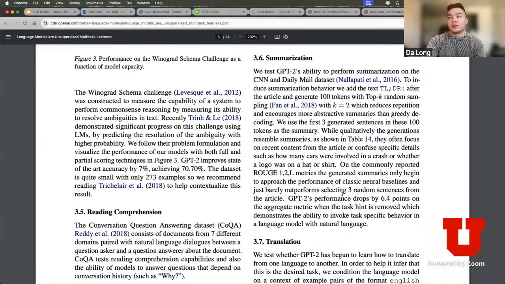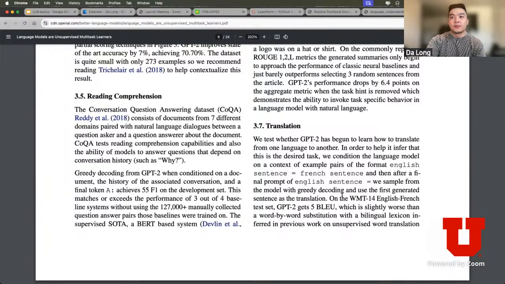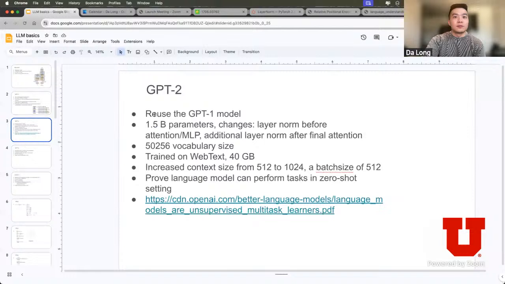And when the model does the completion, it will answer your questions. So they discovered the power of GPT-2. They proved the language model can perform tasks in a zero-shot setting.